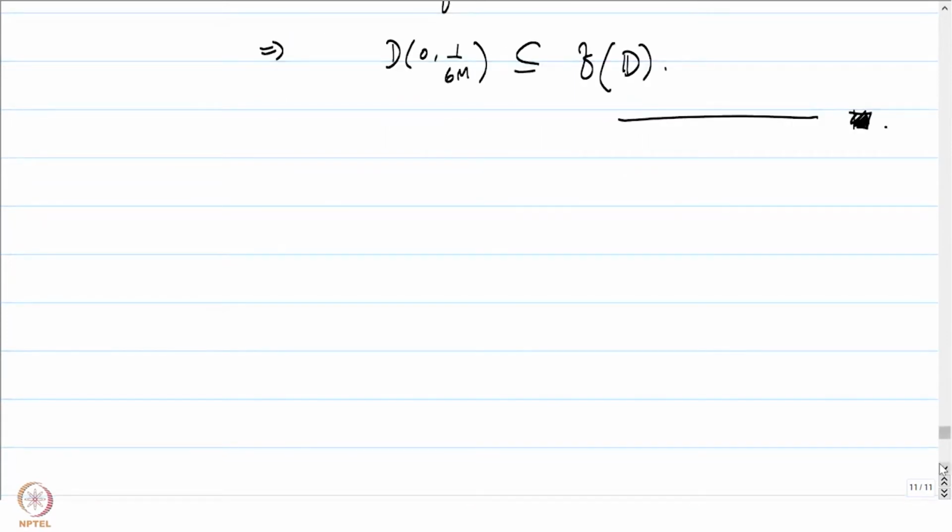Let us now generalize this result to a bit higher generality by stating and proving the following proposition.